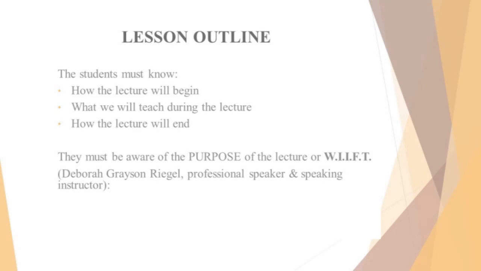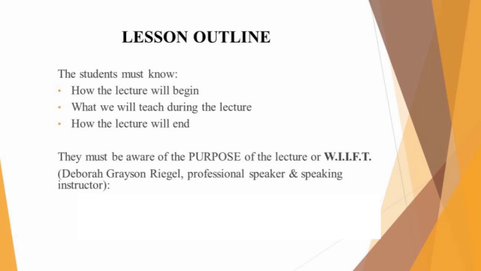Now, at the beginning of your lecture, your students must know the following: how the lecture will begin, how the lecture will proceed, so the different stages, what they will learn throughout the lecture, and how the lecture will end.